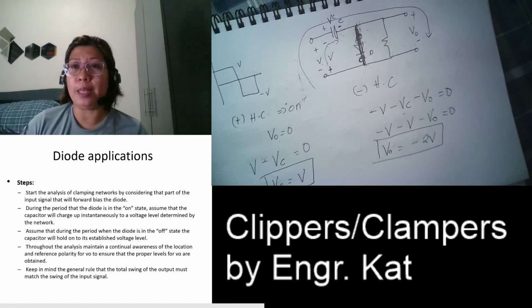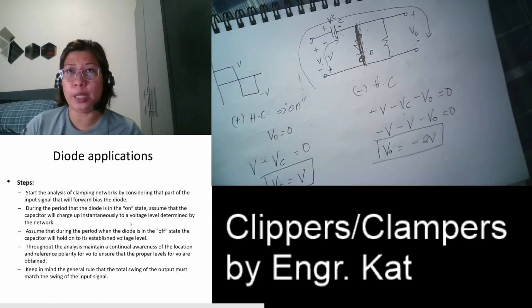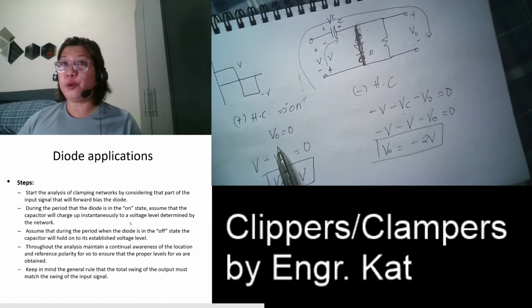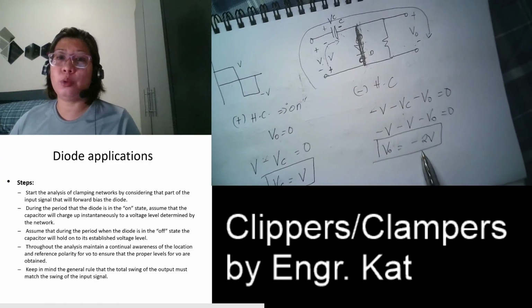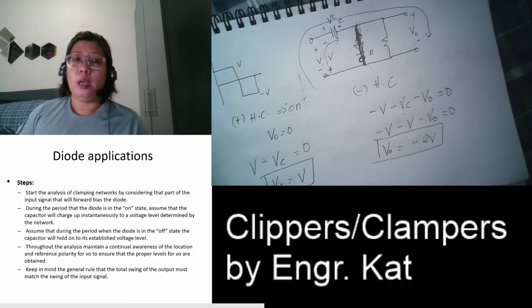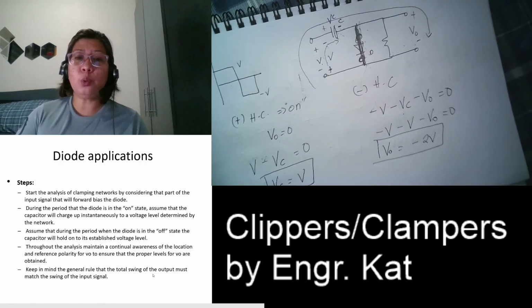So what happens? Throughout the analysis, maintain a continual awareness of the location and reference polarity for VO to ensure that the proper levels for VO are obtained. So during the positive half, your VO is equal to 0, and during the negative half, your VO is equal to negative 2V. Keep in mind the general rule: the total swing of the output must match the swing of the input signal.